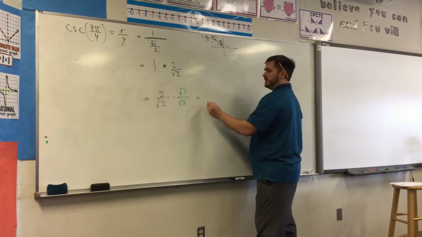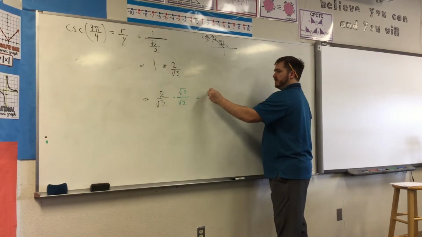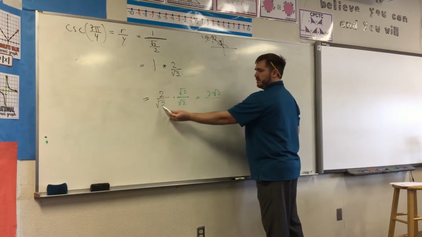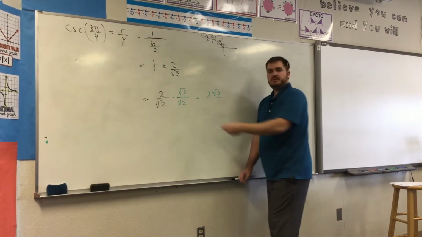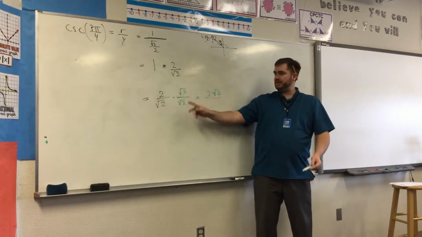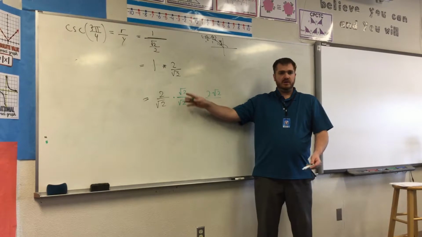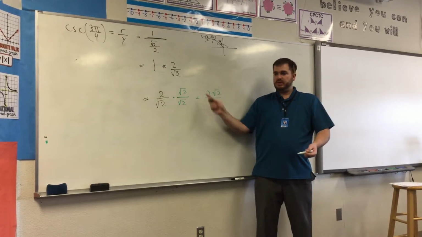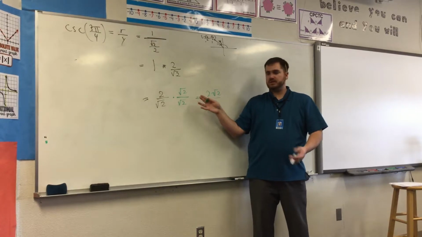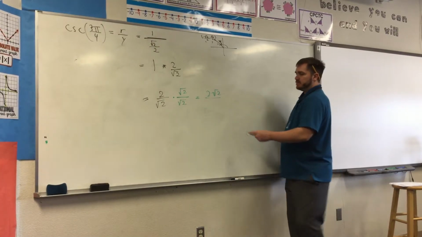So let's keep this going here. 2 times root 2 is 2 times root 2. Now you might be like, oh, we can cancel. Yeah, you can cancel, but then you're going to get rid of this whole point. And it's just an infinite loop. Right, exactly. And so you're never going to get anywhere.